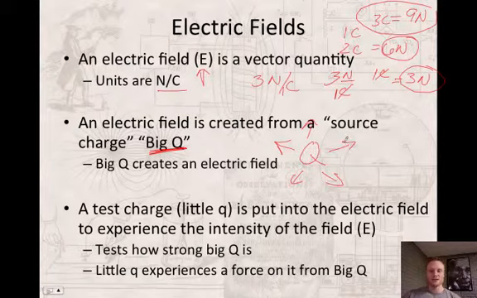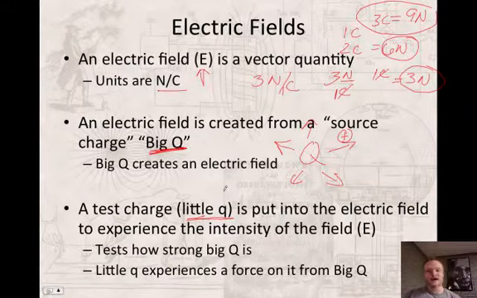When I put a test charge in it, I could be putting a little charge into this field and wondering what type of force it experiences. The test charge will always be called little q. So big Q creates the field, little q is the test charge.